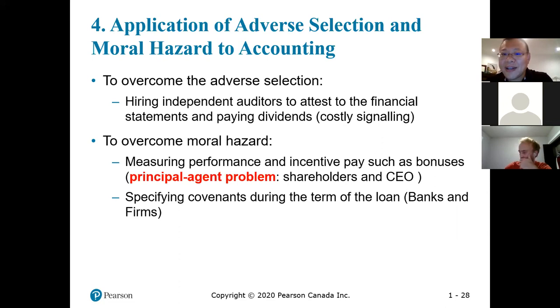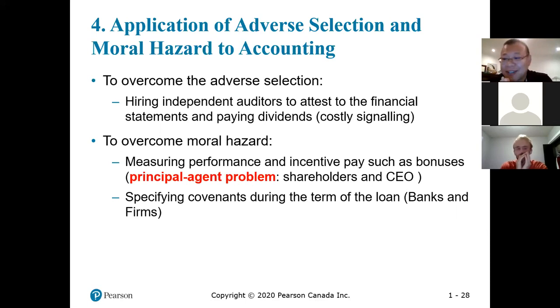The cost of that signaling is that you cannot keep this money in your retained earnings for future investment. Whenever you pay dividends, your retained earnings will be lower, and you have less funding to invest. So that's the cost of this signal. I want to signal to investors that I'm earning good money, so I pay dividends, but the cost is that you cannot keep the maximum amount of money for future investment.